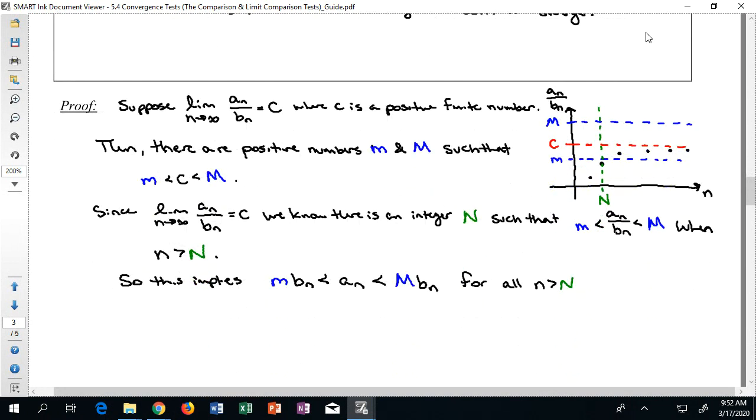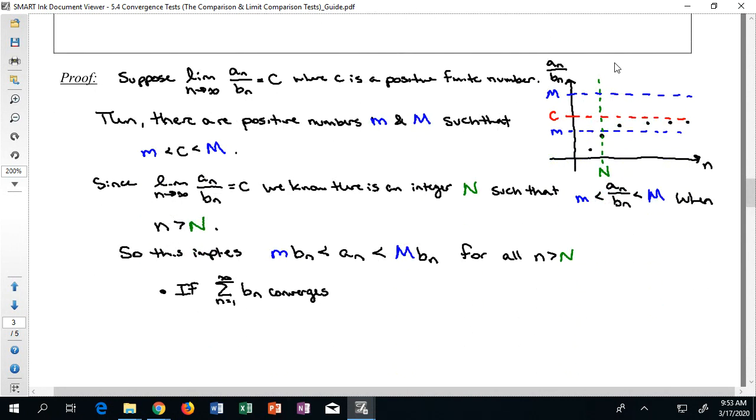Here are then some really cool things that we could start to say. I'm going to break this down into 2 bullet points. Let's suppose that the series with the b sub n converges. I have no idea if it does or not, but if it did, then I could state that the series with capital M b sub n also converges. Notice it's just the same series, just multiplied by a constant.